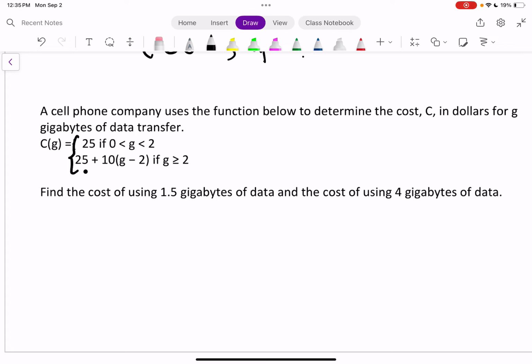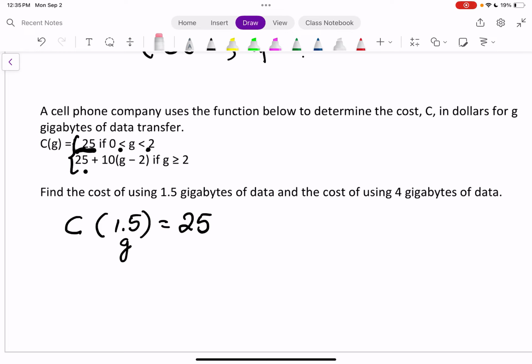So let's use this definition to find the cost of using 1.5 gigabytes. Now this number of gigabytes, as you see, is between 0 and 2, so the cost is simply $25.